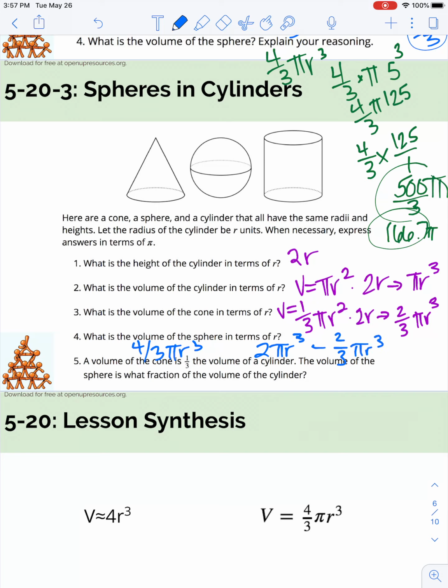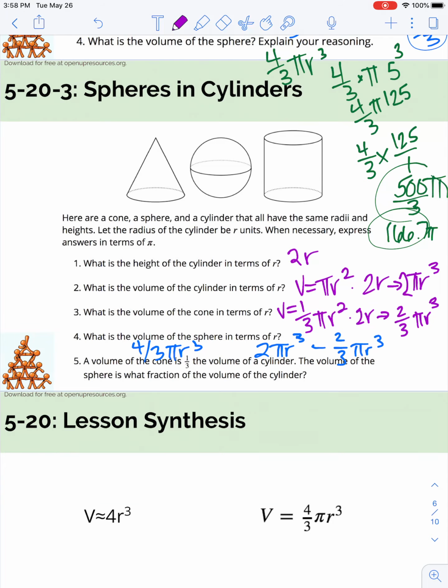And here I totally messed up. Well, I didn't totally mess up, but I forgot to put a 2 here. So you're subtracting the cone from the cylinder, and then that gives you the sphere.